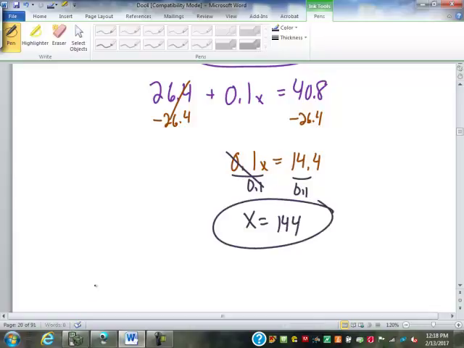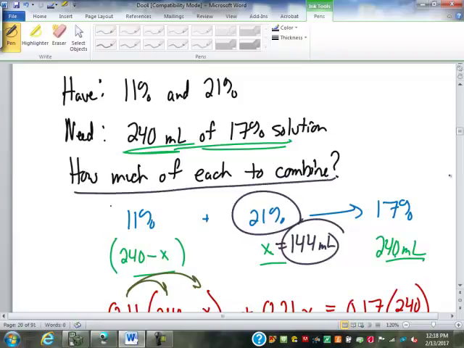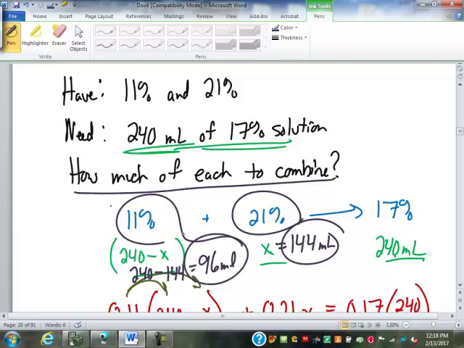So now I go back up and remember what x is and make sure I've answered the question. So 144 milliliters is the amount of the 21% solution. But remember, I was asked for how much of each. So I have to do 240 minus 144 is 96 milliliters of the 11% solution.